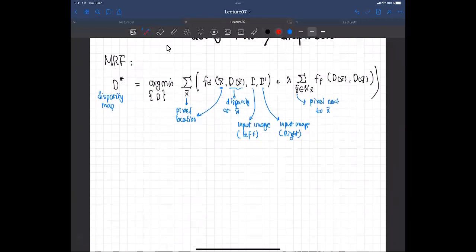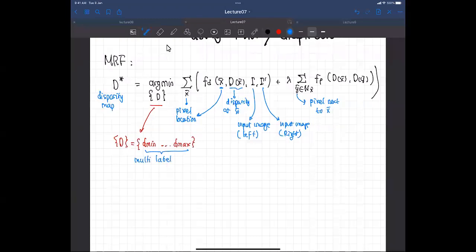So the T parenthesis here is a range. T here goes from D min until D max, and this is the number of your labels. In this case, it's multi-label. It's not binary anymore because there can be many labels.